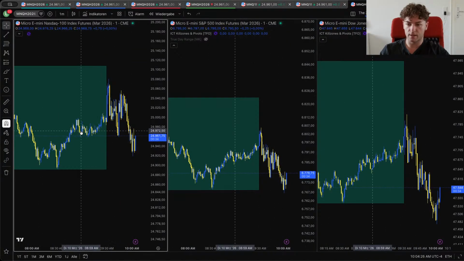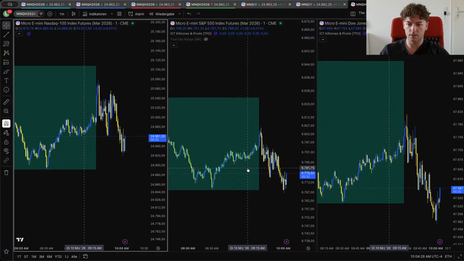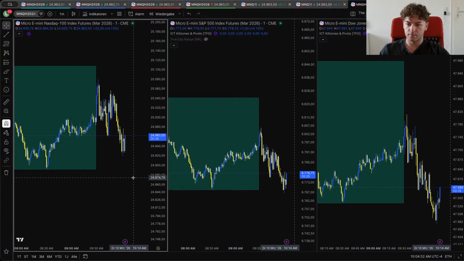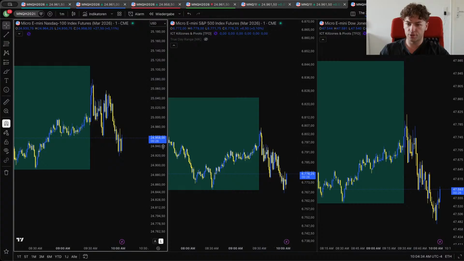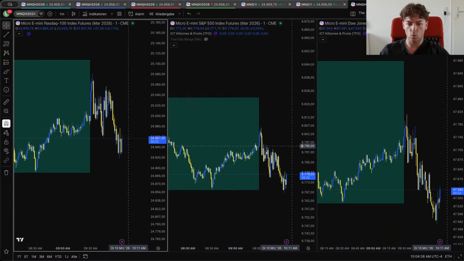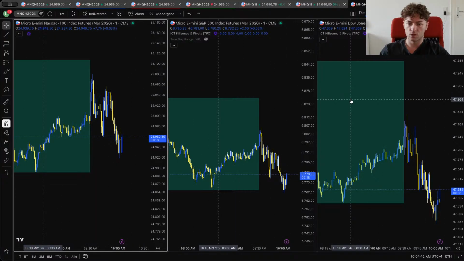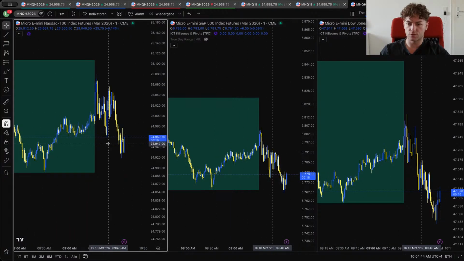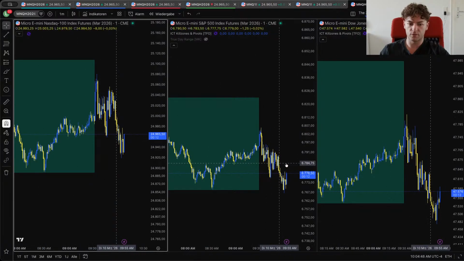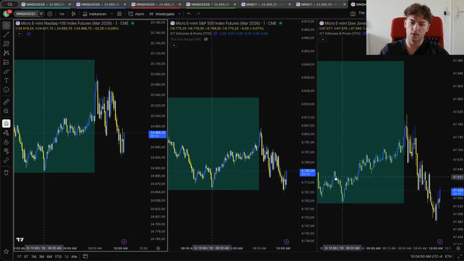So this is SMT, and it's just showing you that NQ is the strongest indice of these three. So it's indicating strength on NQ, while S&P 500 and Dow is weak.